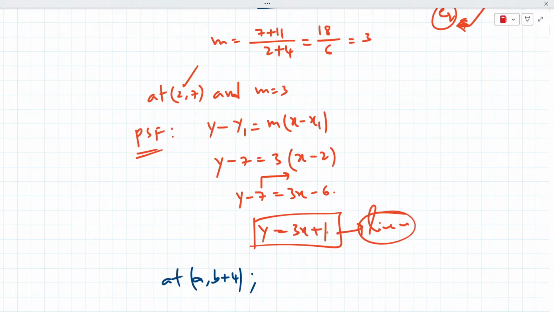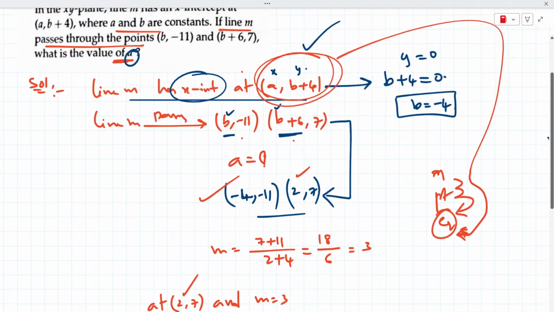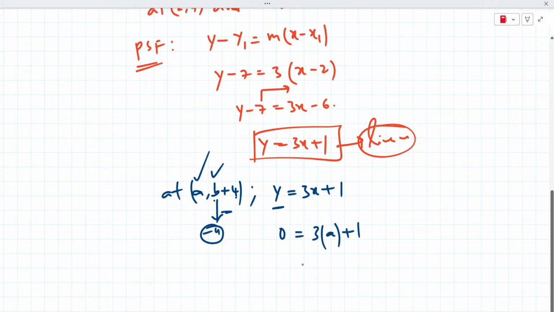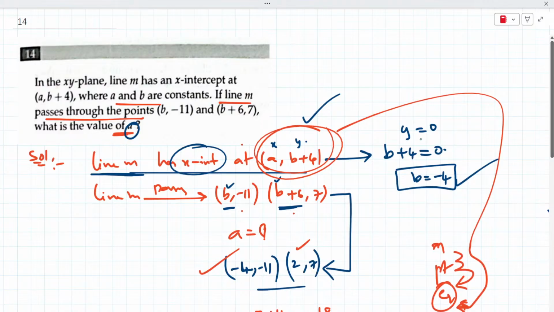It is the x-intercept, so I put y as 0 in y equals 3x plus 1. In the place of x, I'm writing a: 0 equals 3a plus 1. So a equals negative 1 by 3. This is how I got the value of a.